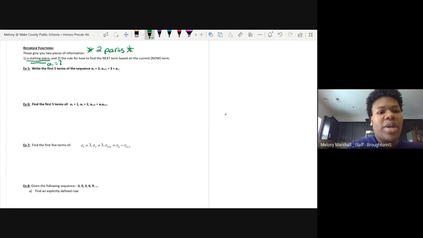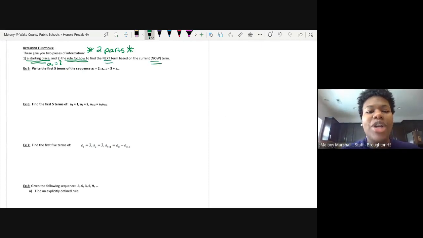And then step 2 is what is your rule. There are two ways to write rules. One way deals with the next term and the now term. The other way deals with the now term and the previous term. It just depends on which one makes the most sense to you.